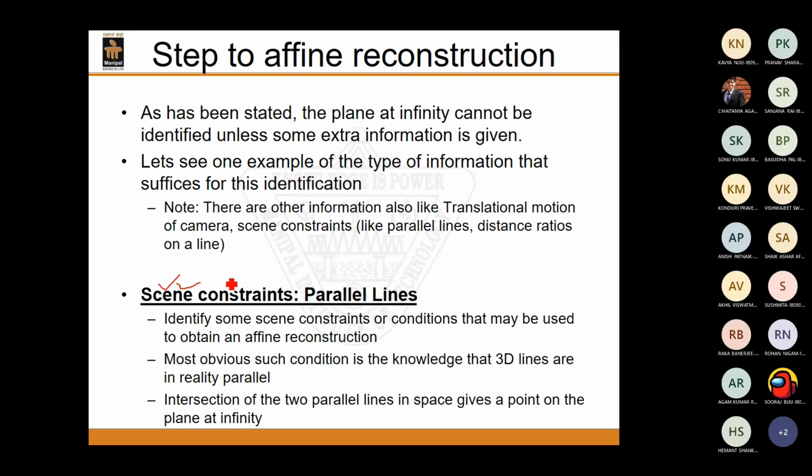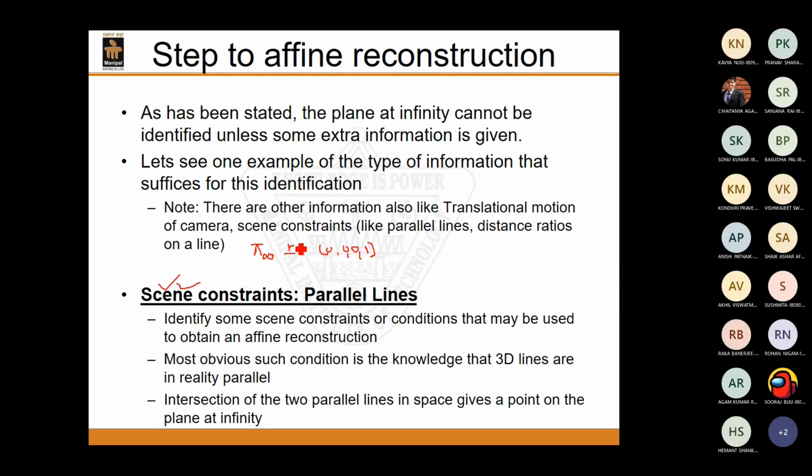So after using this information of the parallel lines from the different images and finding pi infinity, given pi infinity, you can now map this pi infinity to the 0, 0, 0, 1 coordinate, right? This mapping would be with respect to H, right?